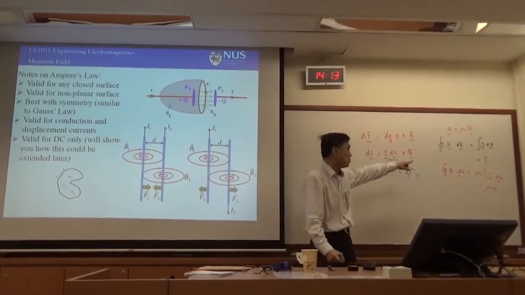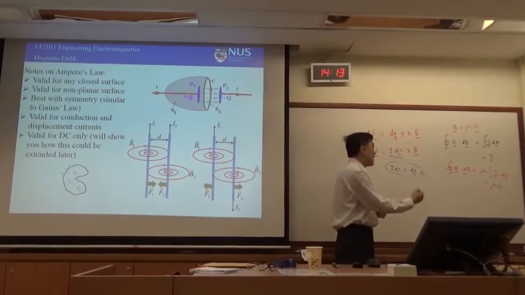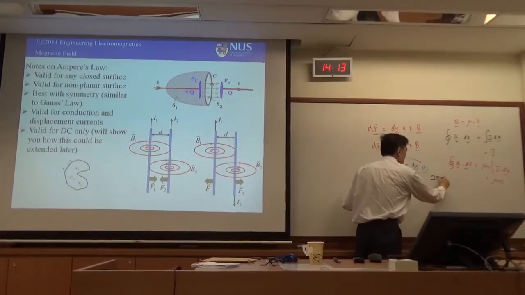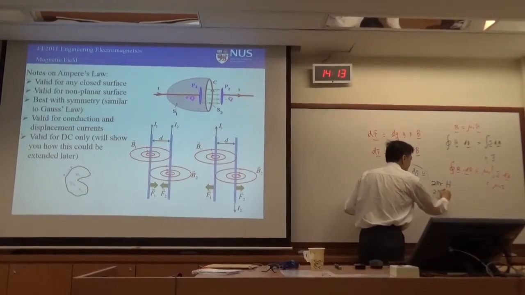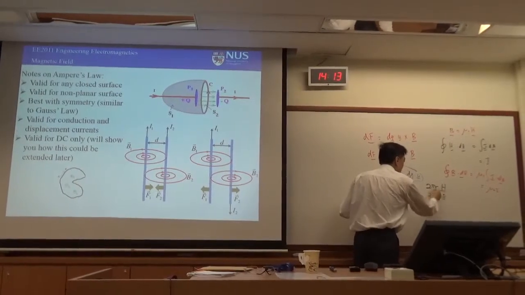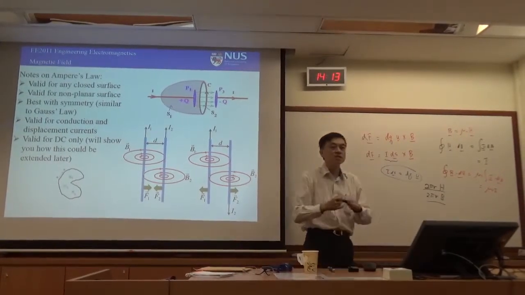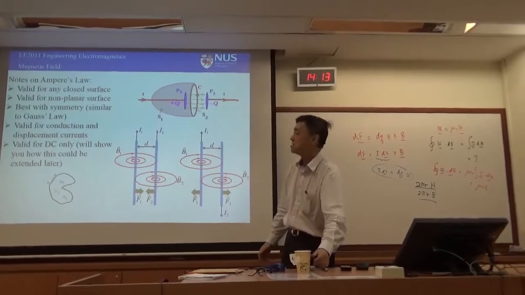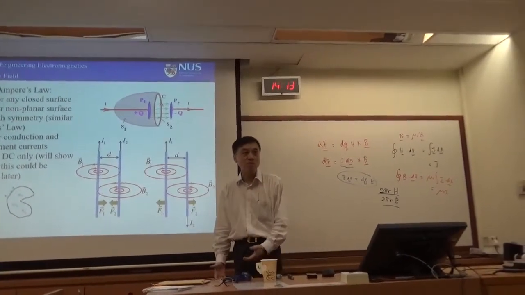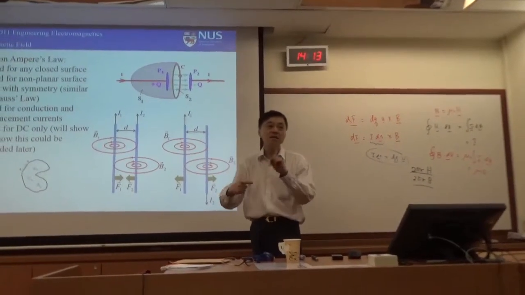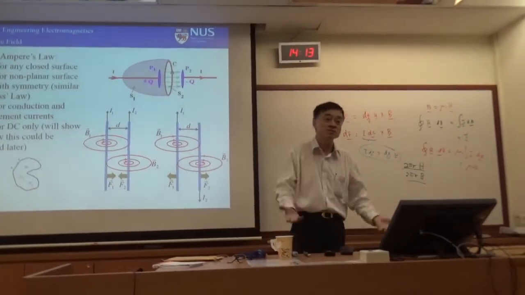So the contour is usually 2 pi r. So it's either 2 pi r with H or 2 pi r with B. In that sense, it is much more straightforward because it is only 2 pi r. There's no other contour which gives you symmetry.